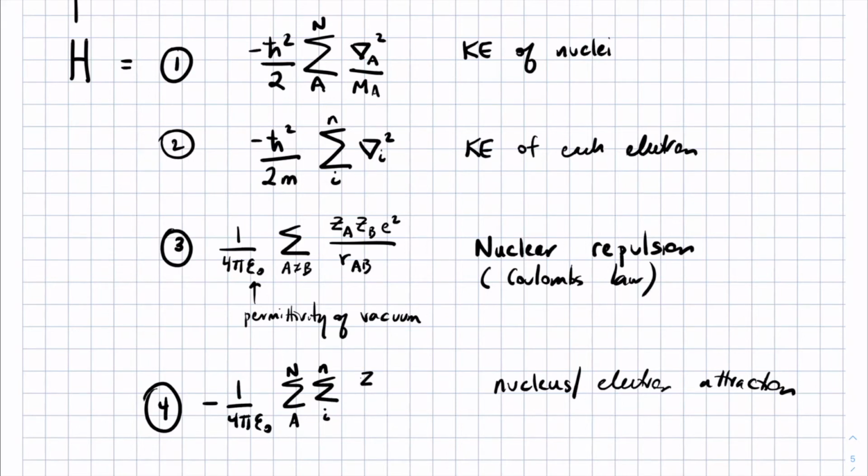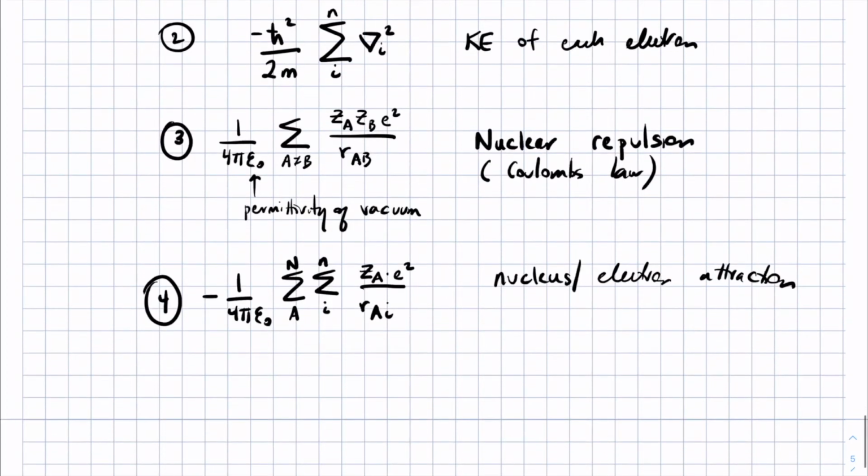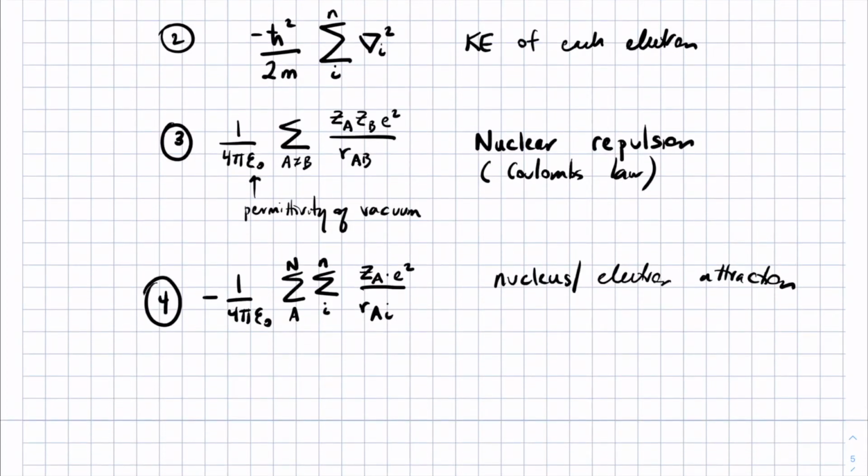This will be charge on the nucleus times charge of the electron squared divided by the distance between the nucleus and the electron. And again, this is Coulombic attraction between a positively charged nucleus and a negatively charged electron. And again, if it were infinity, of course, the potential energy would be 0, and it's negative potential energy from there.